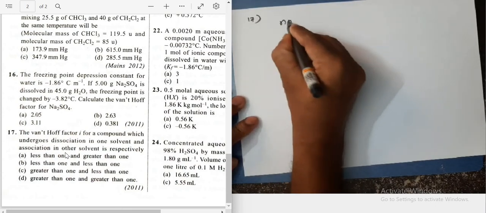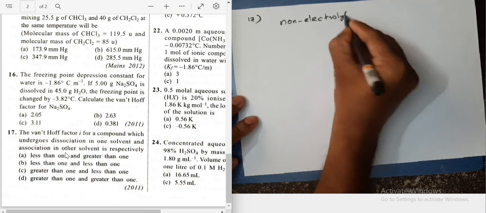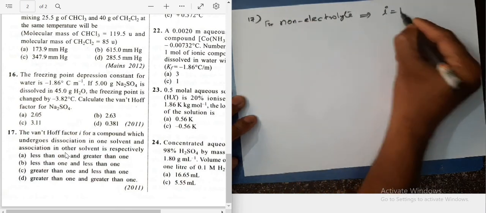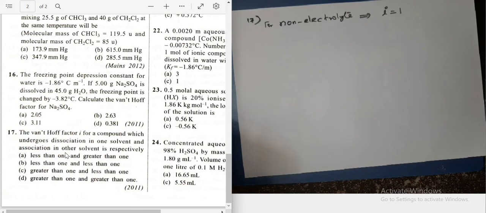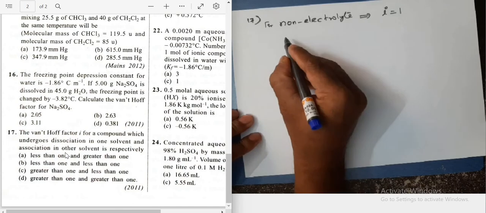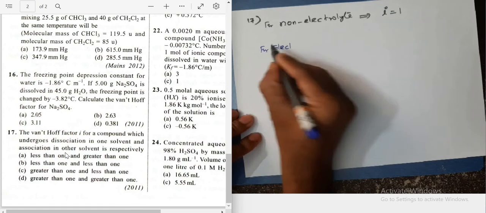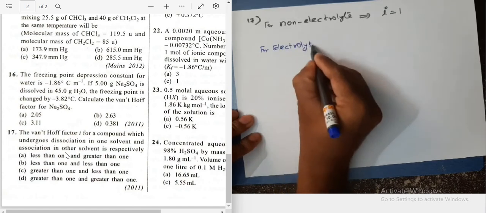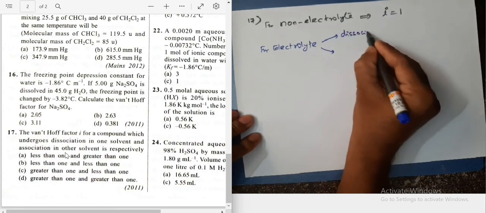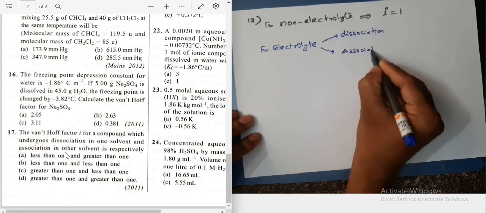For non-electrolyte, Van't Hoff factor is 1. Electrolyte may undergo dissociation, or sometimes an electrolyte may also undergo association.